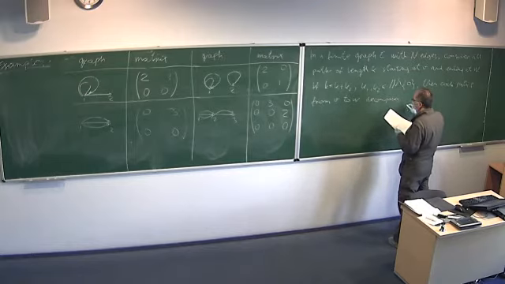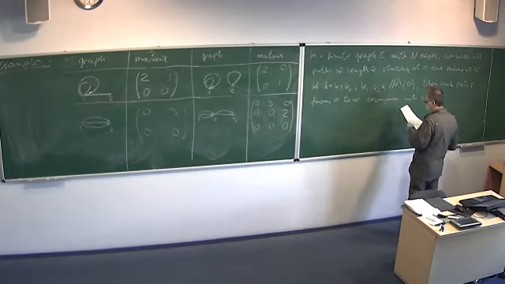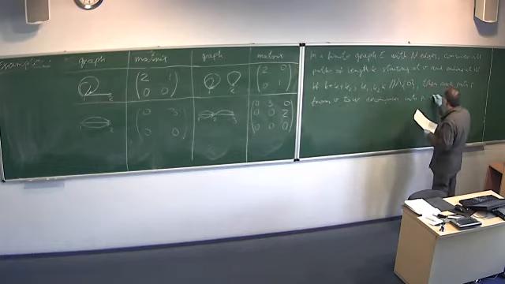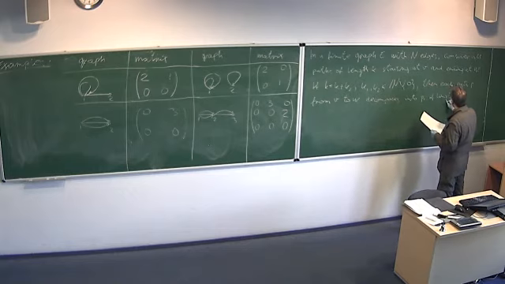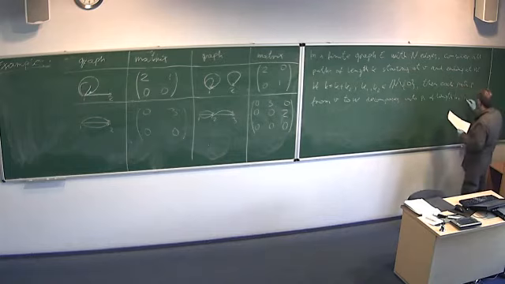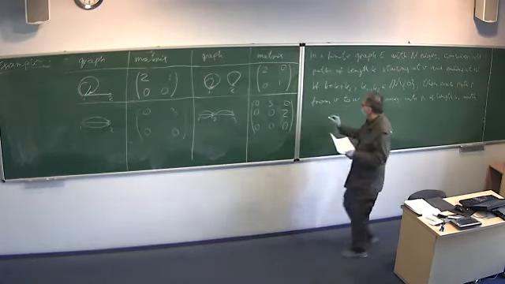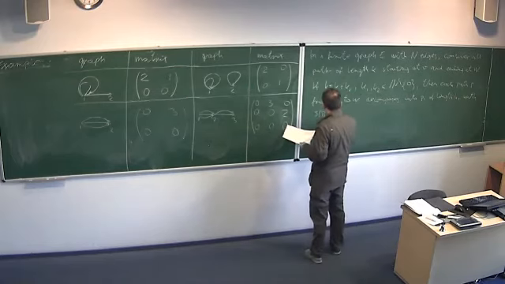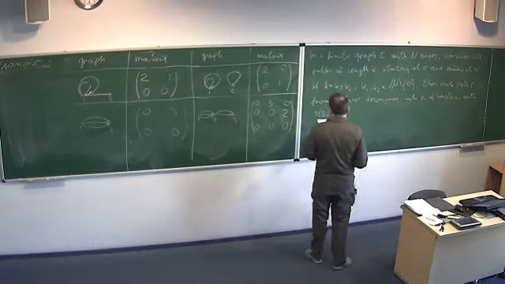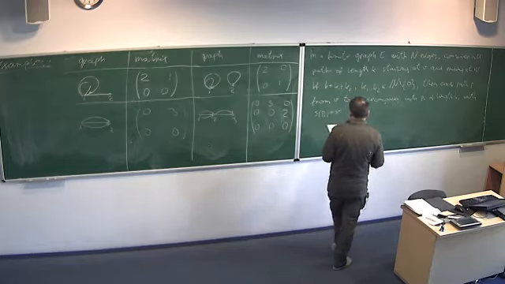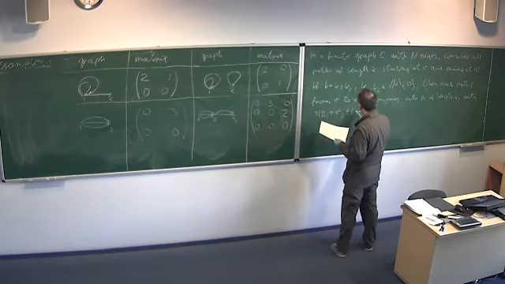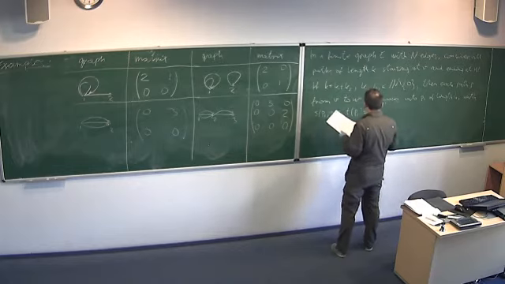So it decomposes into a path P1 of length k1 with the beginning being V and say end being U. So it's some other vertex.